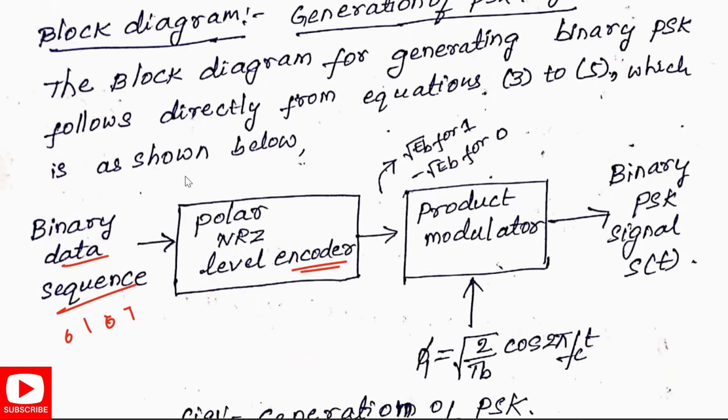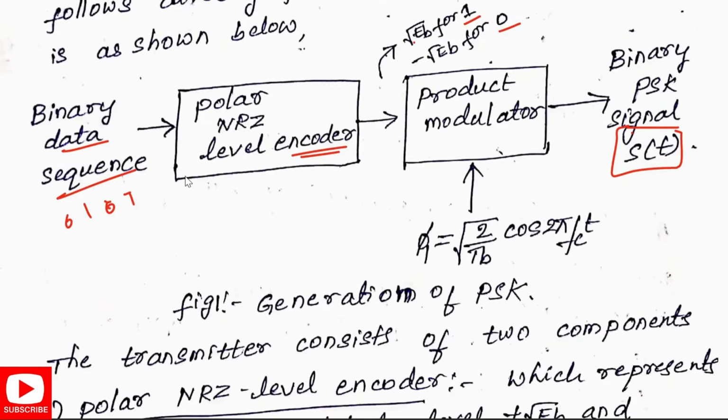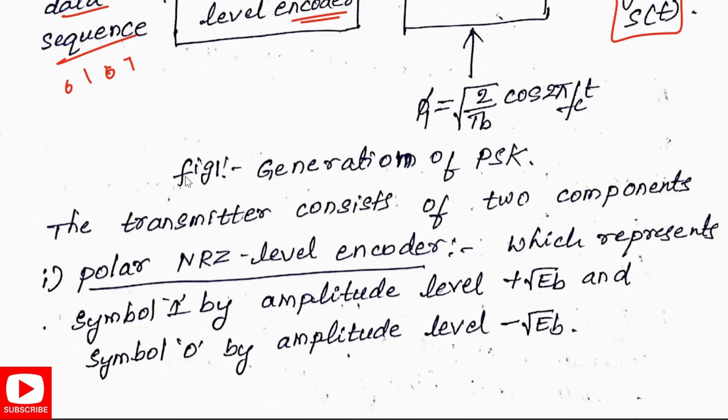Here, square root of EB is considered as 1, and minus square root of EB is considered as 0. Now the product modulator: here we also give an input, phi 1, which is square root of 2 by TB cos 2 pi FCT. From here, we get the binary PSK signal, that is our S of t. So this is the generation of PSK.